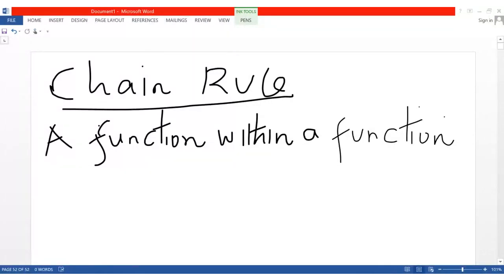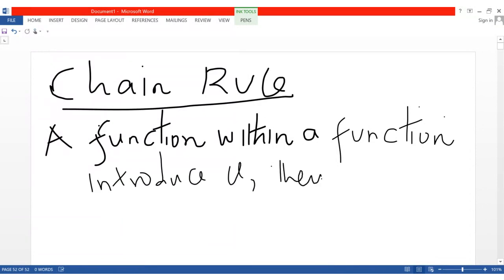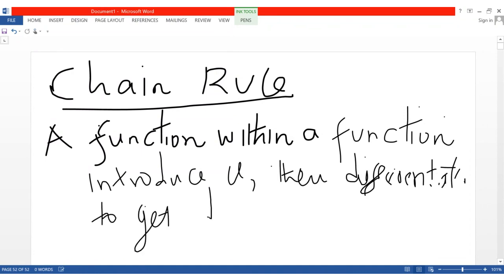So basically what I'm saying is that we shall be able to introduce a u, then differentiate, to get du dx, du over dx.